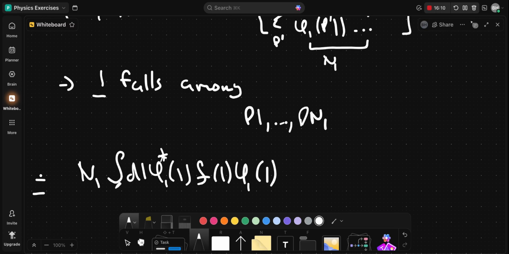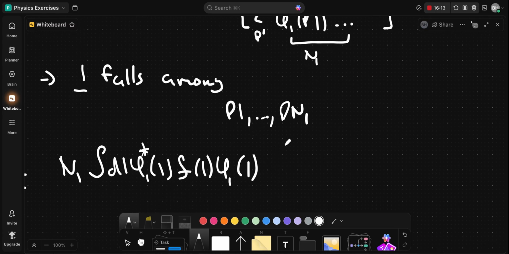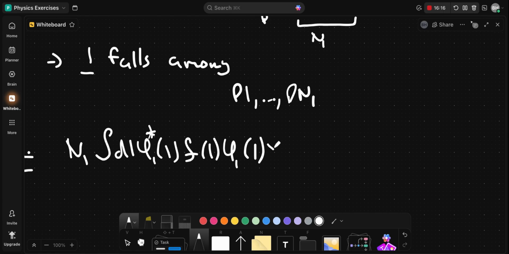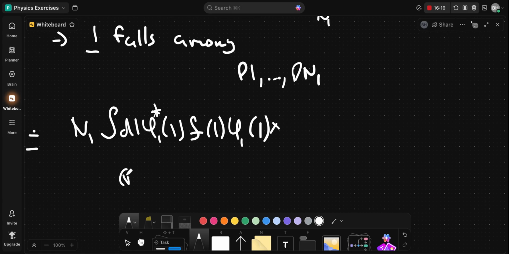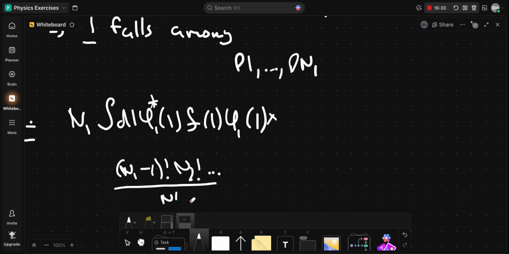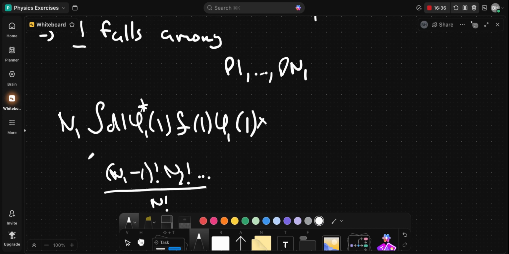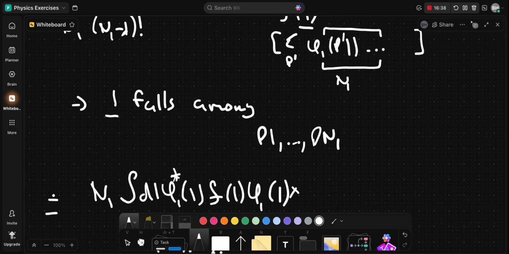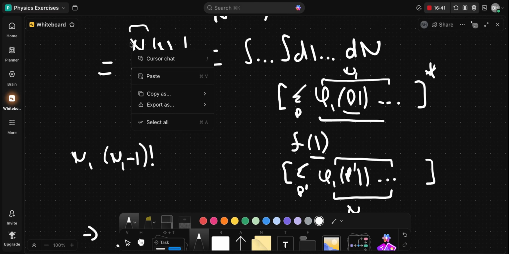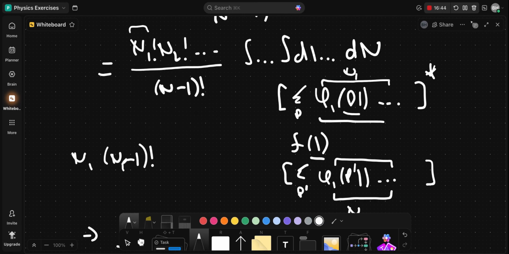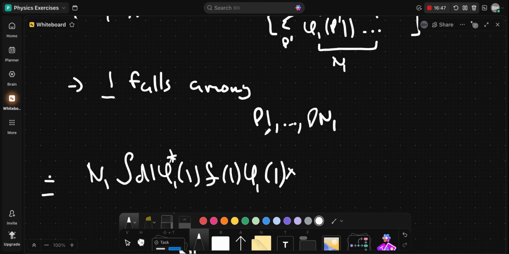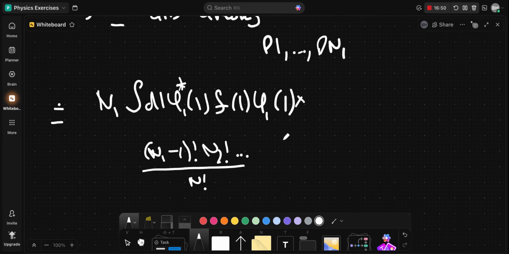But I have to write the rest of the normalization constant now. I still have to write n1 minus 1 factorial, n2 factorial, etc., divided by capital N factorial, because I just took off an n1 from this factorial here. So I broke this n1 factorial into two pieces like this, and I still need the integral over the rest.